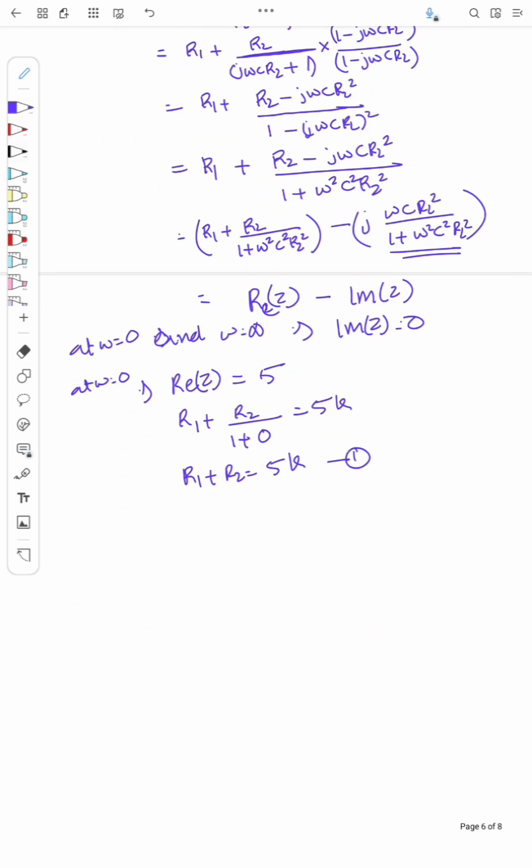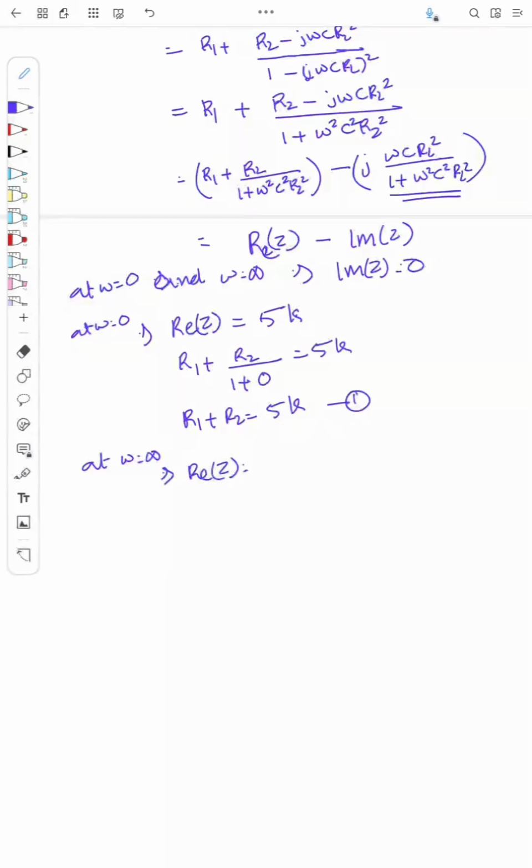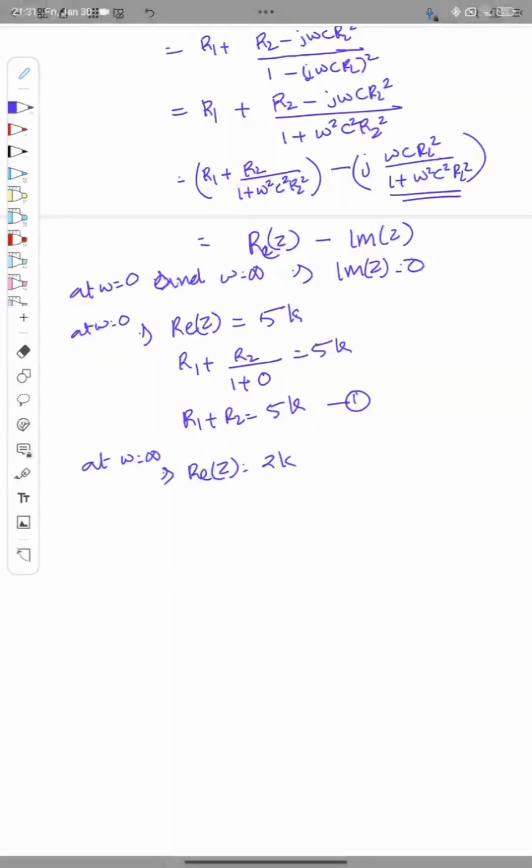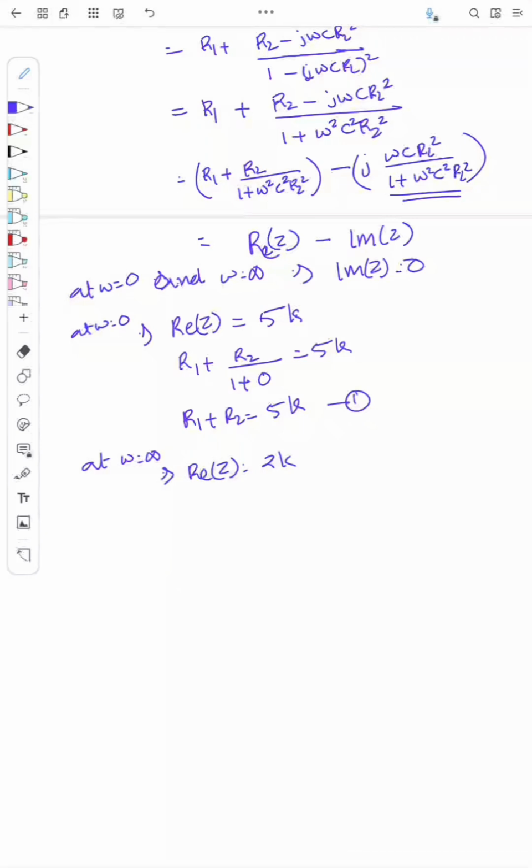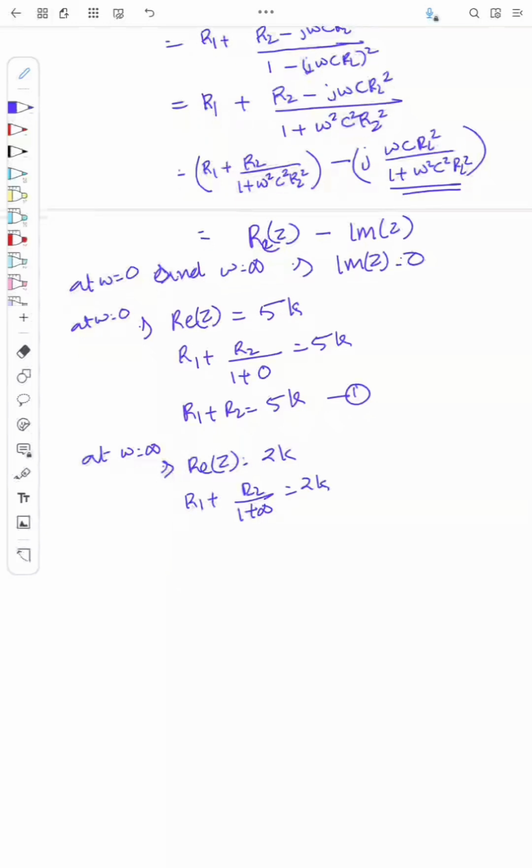So this is equation 1, and at omega equal to infinity, real of Z is equal to 2k, right? So substituting omega equal to infinity in the equation, R1 plus R2 by 1 plus infinity equal to 2k. So R2 by 1 plus infinity, that is R2 by infinity, that is 0, right?